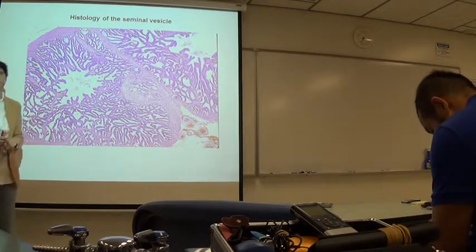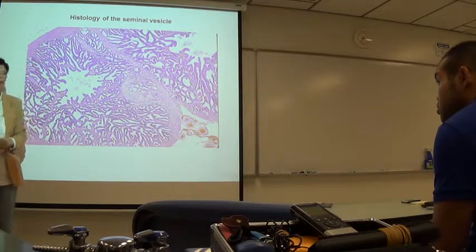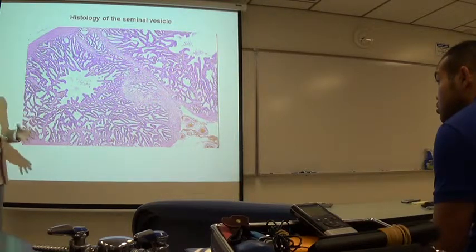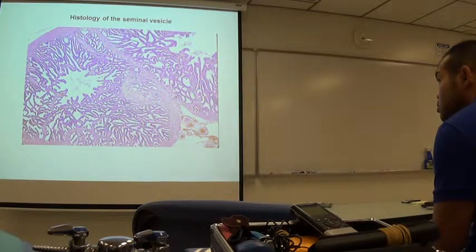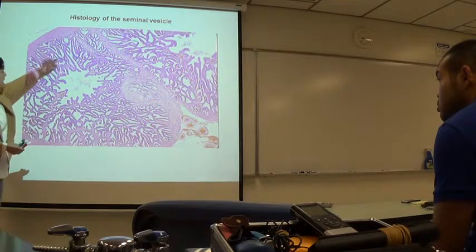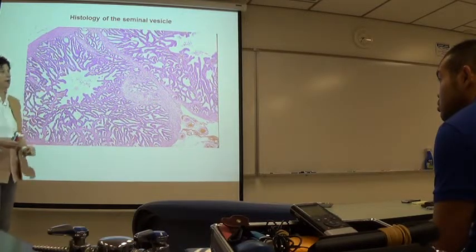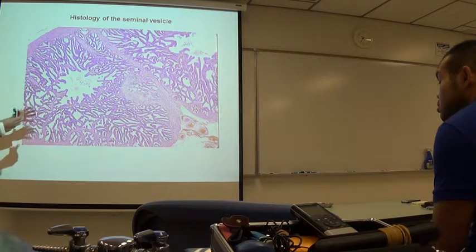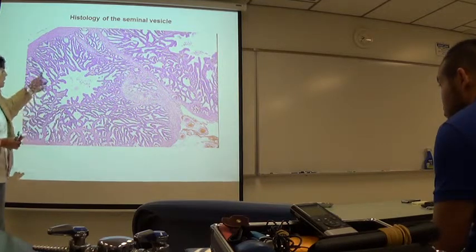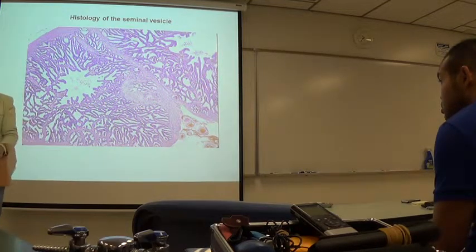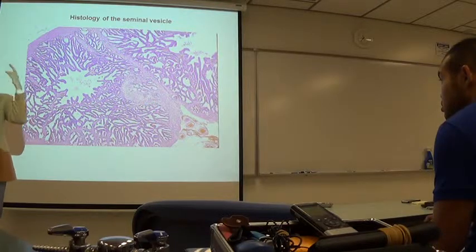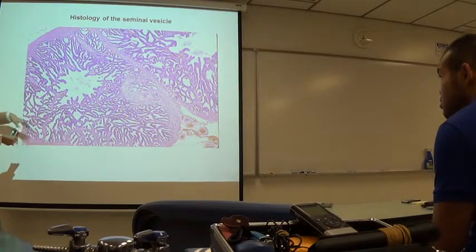From the low power view, you're not going to be able to see this. So the easiest way to differentiate between seminal vesicle and oviduct is if you look at each of these small regions formed by the folds. It's like trying to, who's that guy that you find on the cereal boxes? Where's Waldo? Yeah, where's Waldo?